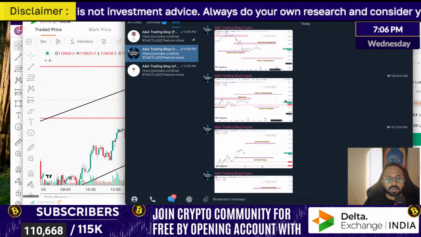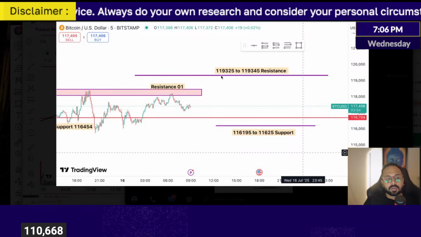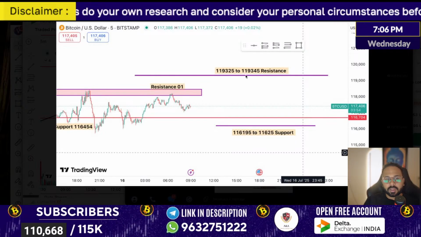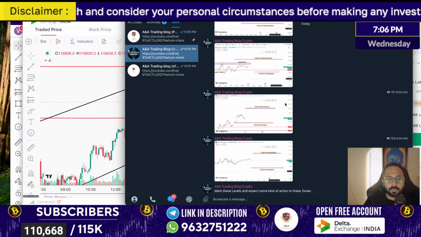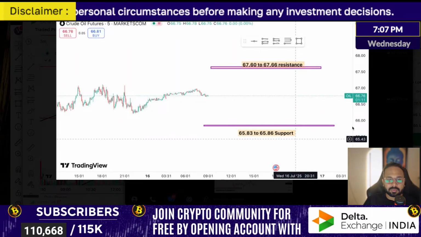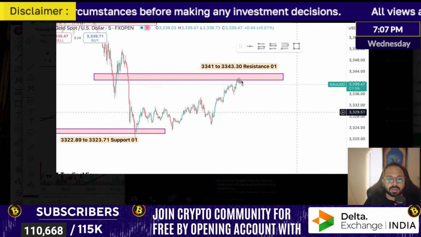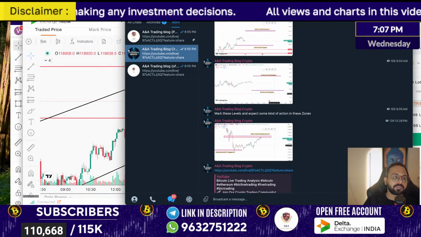Today morning, I discussed the zones for BTC. 1,19,325, 345. That was the resistance area. For crude oil, same. All these levels were already discussed. Gold, this was the resistance zone.